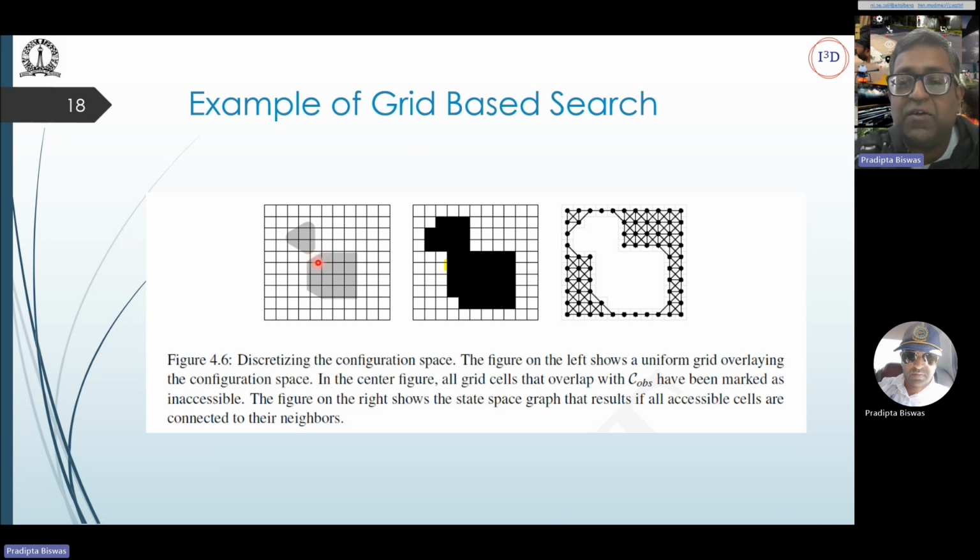And if I use the same size of discretization, I will get the whole space as obstacle space, and my motion planning will only happen on the circumference of this. So I cannot get a motion path in between these two obstacles.